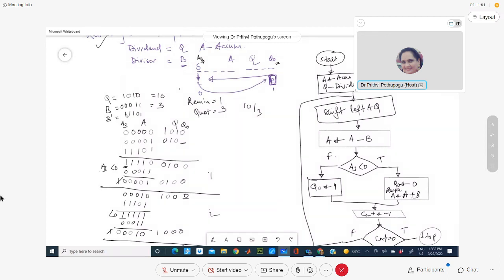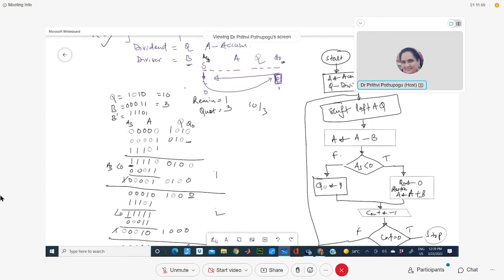For A, we have one extra sign bit. The number of iterations is equal to the number of bits of your Q. A has the sign bit added, which you have to remove; only the magnitude bits are considered. Okay, ma'am. Thank you.